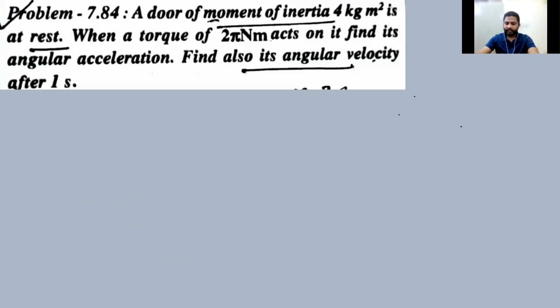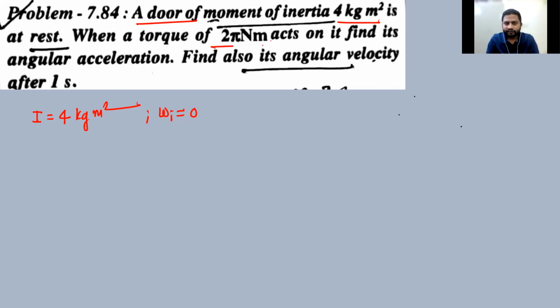Look at one more question here. A door of moment of inertia 4 kg meter square. So the given moment of inertia is 4 kg meter square. It is at rest. Okay, it is at rest, and I can say the initial angular velocity is 0. You should not say velocity 0 because it is rotational motion.